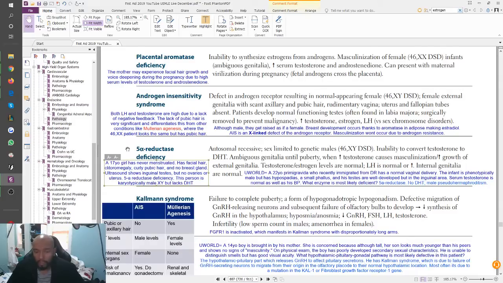Right, this question that I put as a quick summary on the left, the answer was 5-alpha reductase deficiency, but it looks a lot like it might be androgen insensitivity. It could be Mullerian agenesis. It could be any of those, but they have curly pubic hair. Remember, AIS, androgen insensitivity syndrome, does not have much pubic hair. On top of that, she also has facial hair and clitoromegaly. So this is all showing you that there's a lot of testosterone there, right?